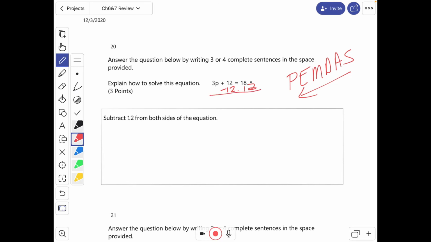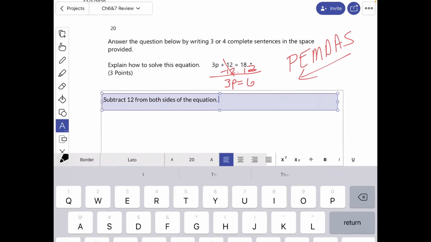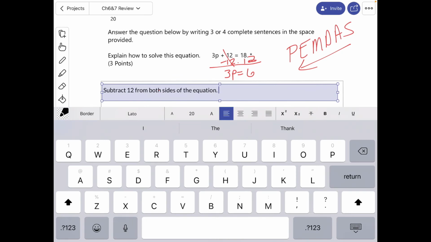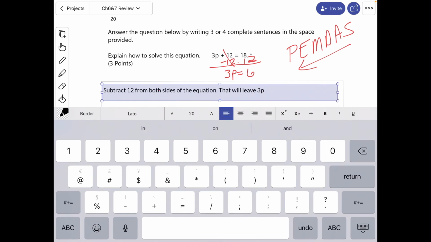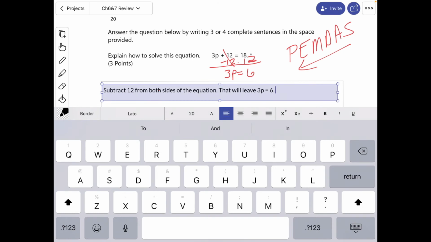When I do that, I'm going to be left with 3p on the left side, and on the right side, 6. So I'm going to write that. That will leave 3 times p equals 6.